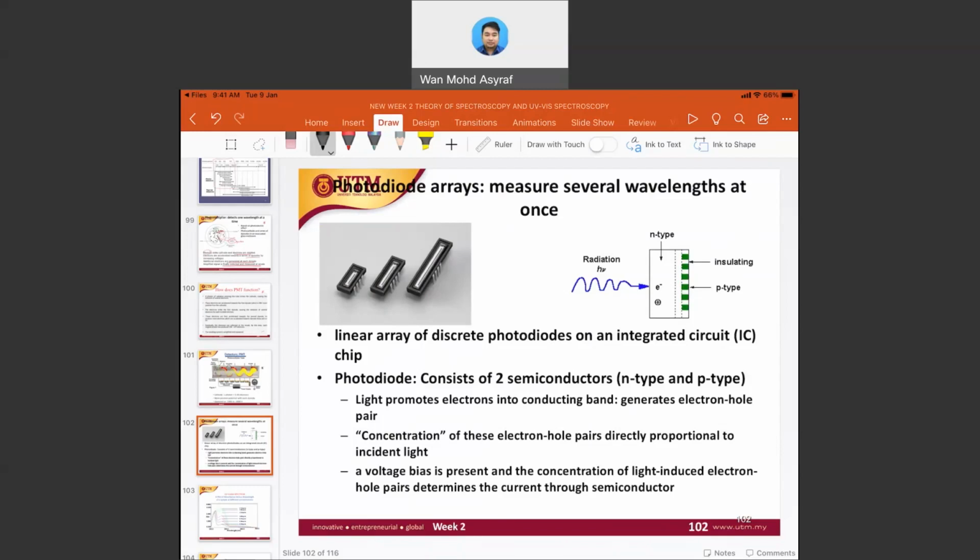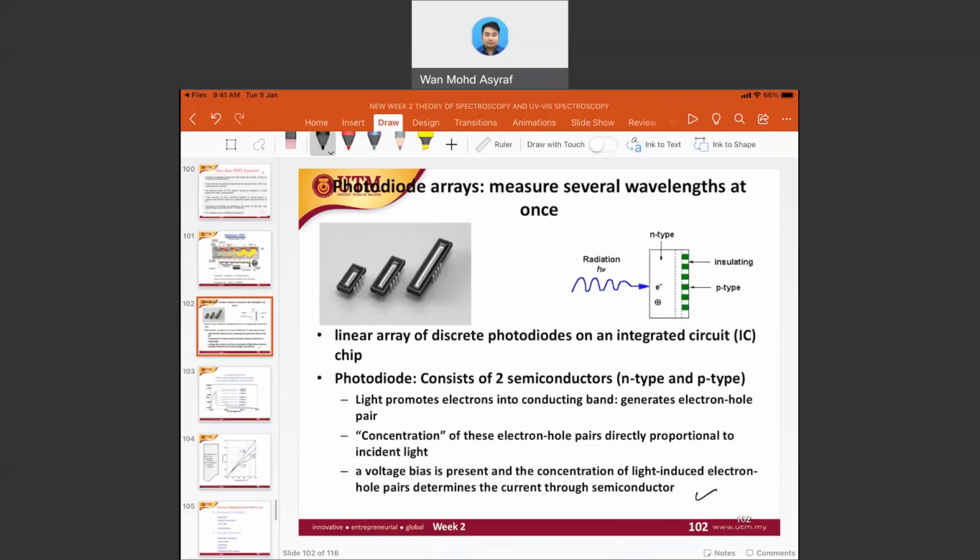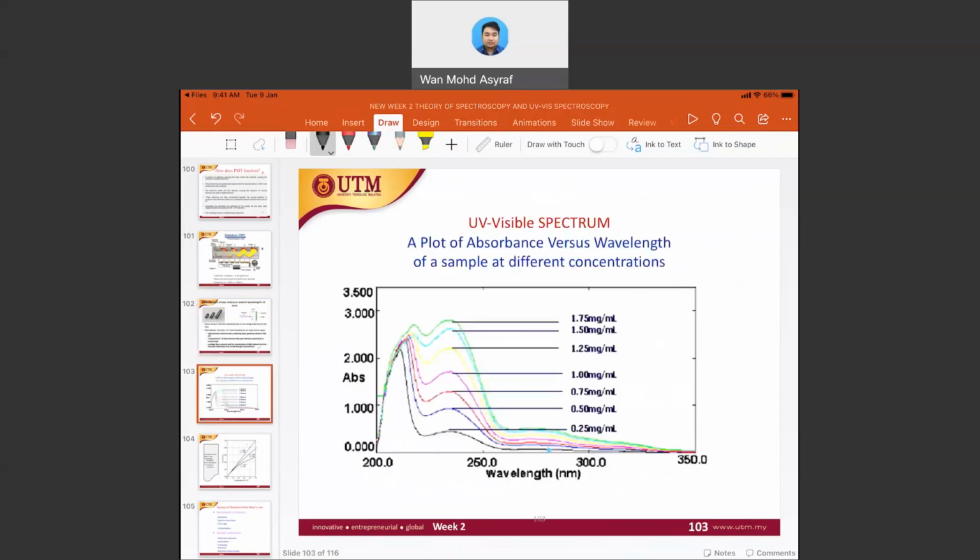It will produce a voltage, and the concentration of the light induced electron hole pairs determines the current through the semiconductor. This is how photodiode arrays measure your wavelength.